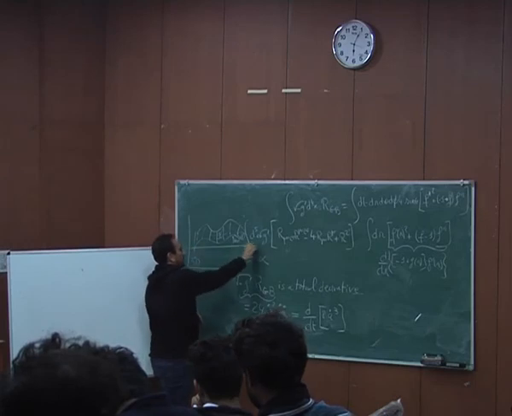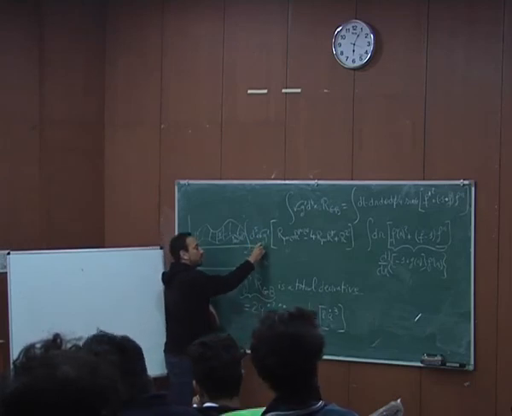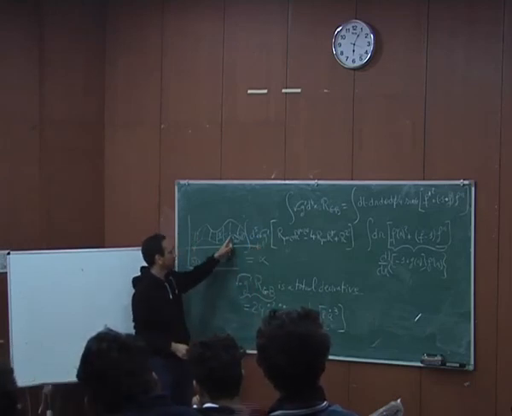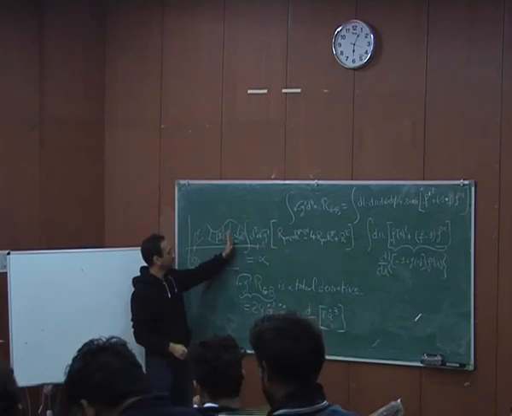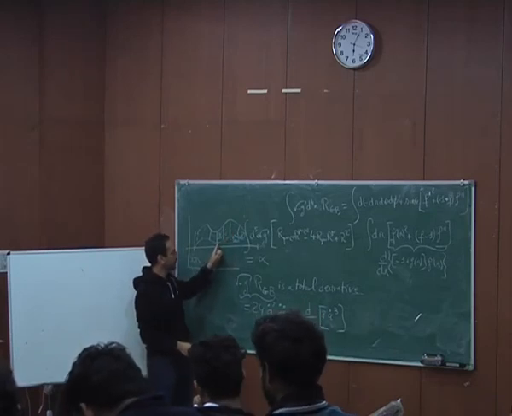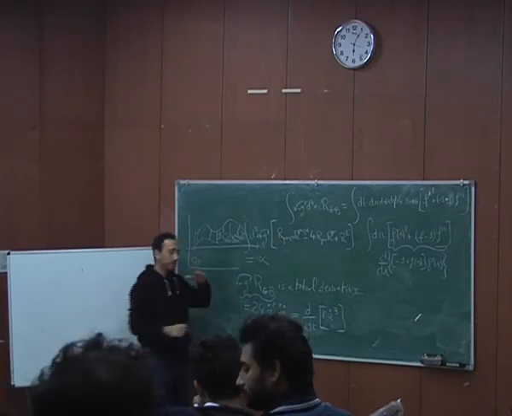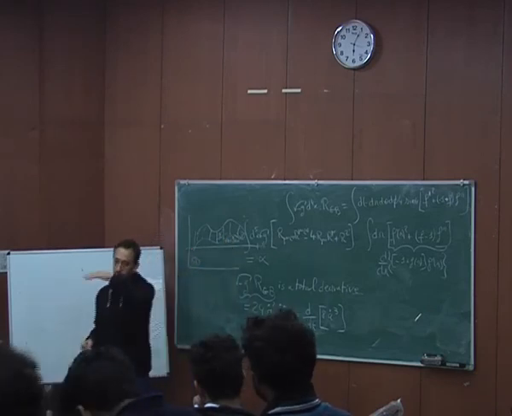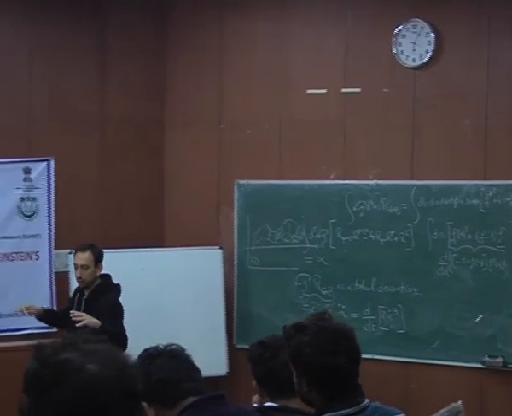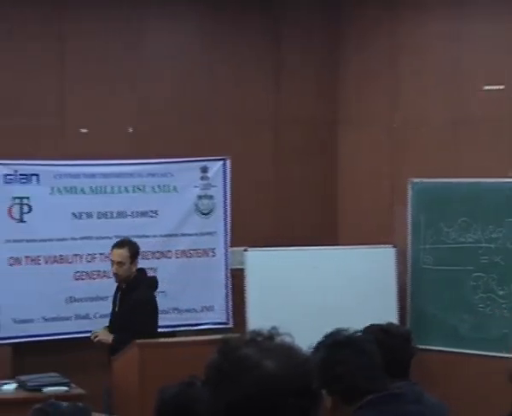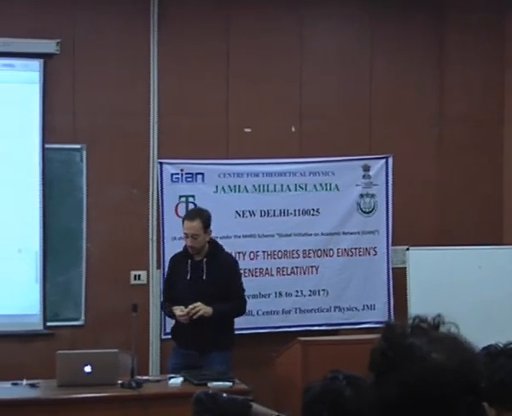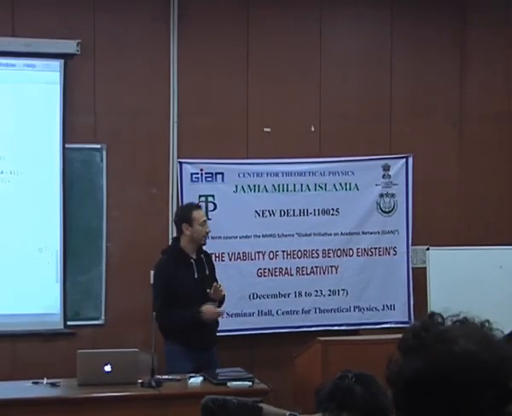If you take some reference here, this is phi equal to 0, the position of the brane here is different than here, etc. So this is phi of x, the position of the brane in the higher dimension. And this is called the Galileon field. This is what I'm going to try to explain tomorrow.